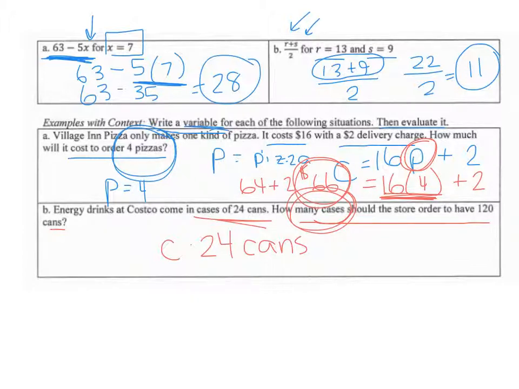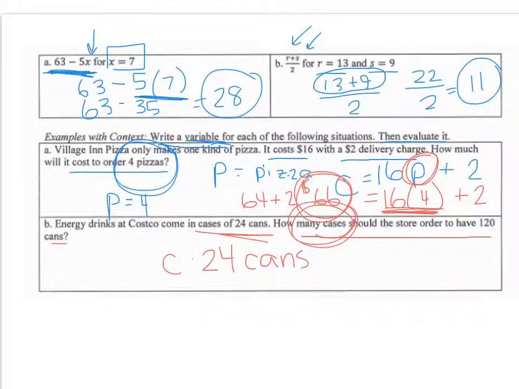We can basically do 120 divided by 24 to give us the number of cases, because the cases times 24 cans has to equal 120. So 120 divided by 24 is 5. So we need to have 5 cases.